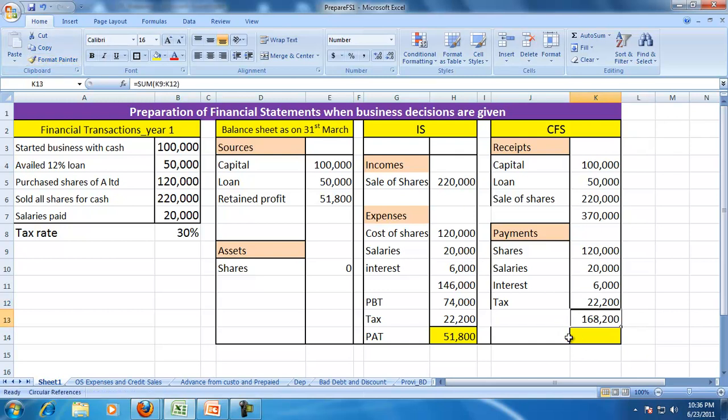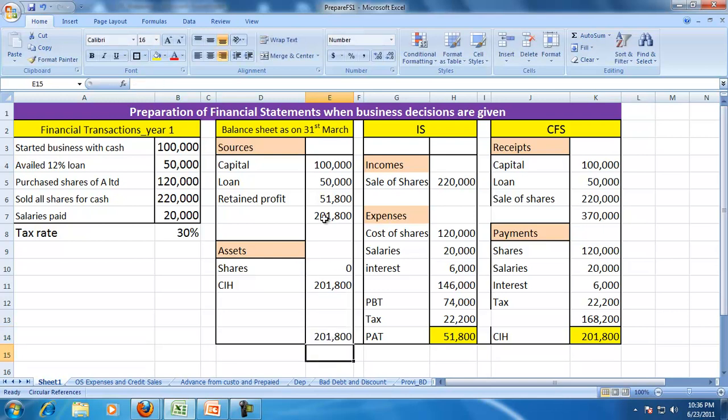So as a result, you're going to have cash in hand. Cash in hand is receipts minus the payment, and cash in hand is an asset. So I show that asset. Then the total of sources is 208, and the total of assets is also 208.